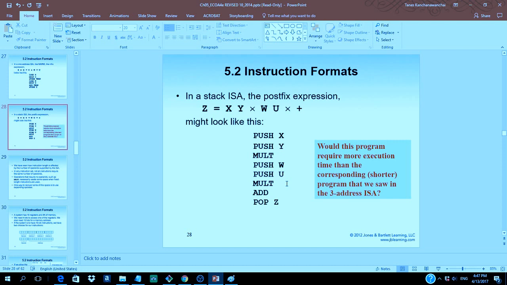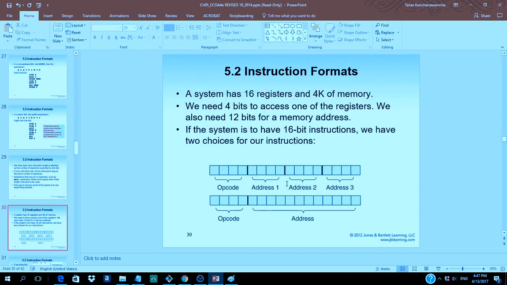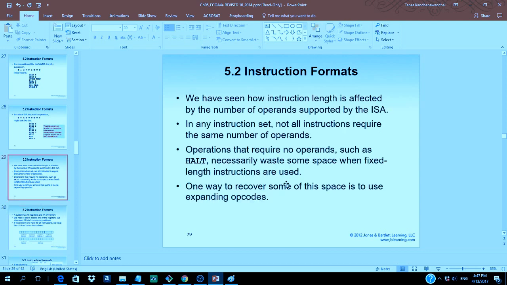Memory is now cheap and small. But if you don't have the memory, then you're going to appreciate that.